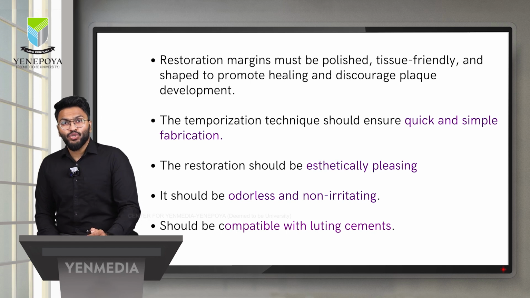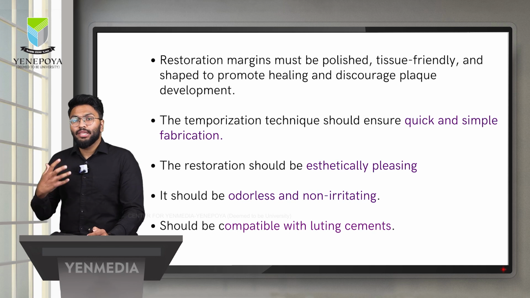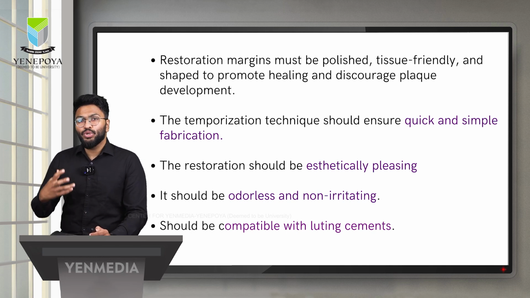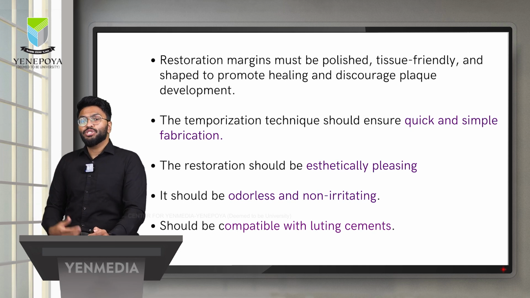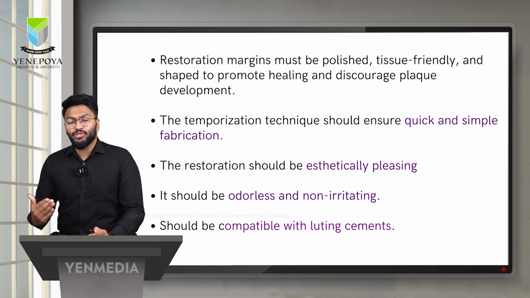The restoration should be aesthetically pleasing. Again, one of the most important points: if the aesthetics is not achieved with this temporary restoration, the patient is going to have a lack of confidence in your treatment. Once you finish your tooth preparation and give your provisional restoration, the patient is going back home with it.